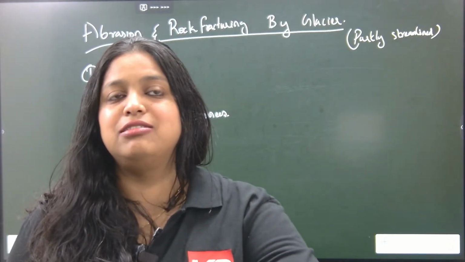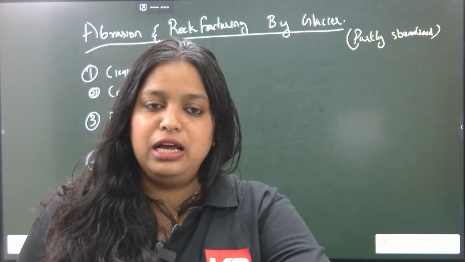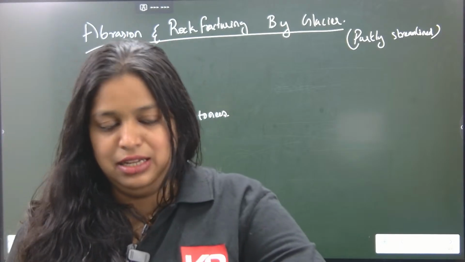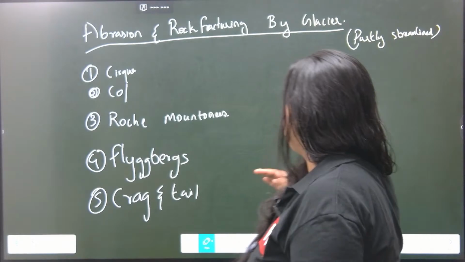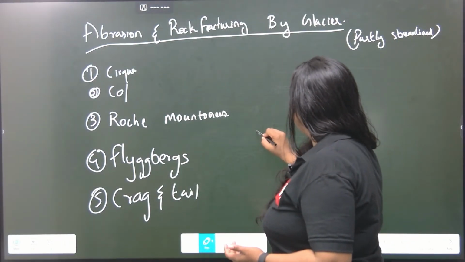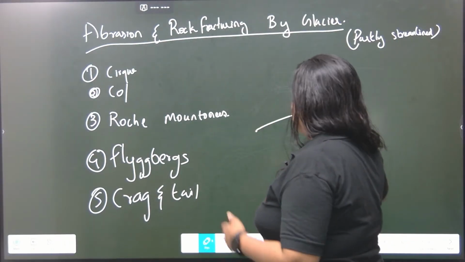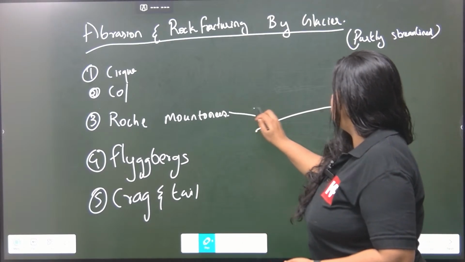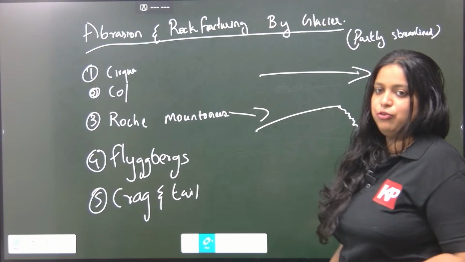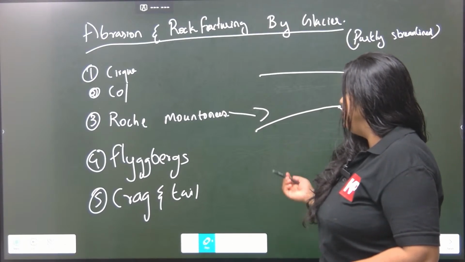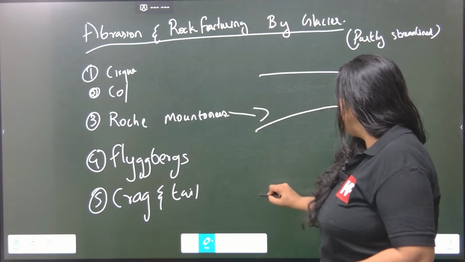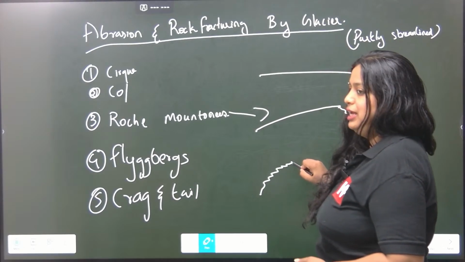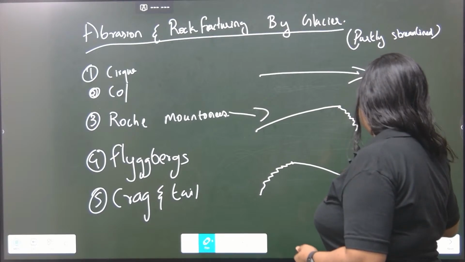So crag and tail is an asymmetrical landform, comprising a rugged crag and a smooth tail. If I draw a roche moutonnée, it has a smooth stoss side and a rough lee side. This is the ice flow. When it comes to the crag and tail, it has a rough part on the stoss side and a smooth tail.